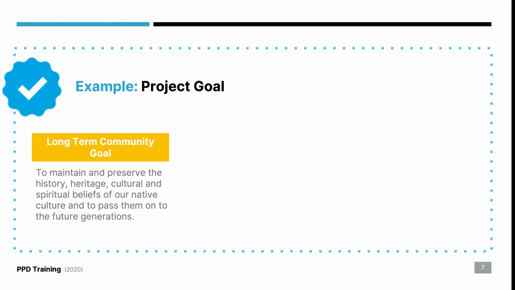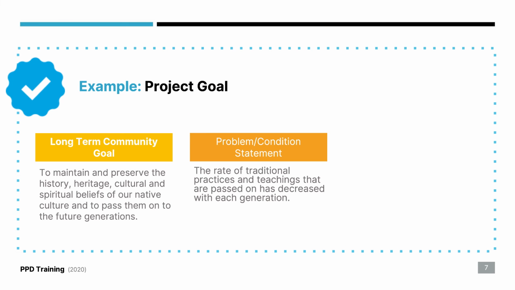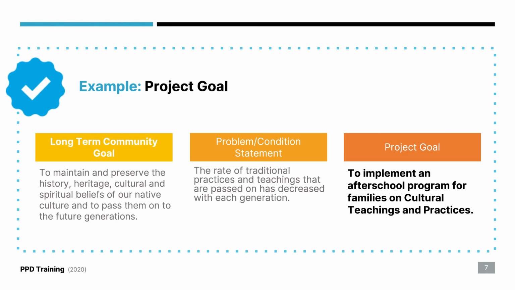And the identified problem statement was the rate of traditional practices and teachings that are passed on has decreased with each generation. You can develop a project goal that addresses that condition statement and brings you one step closer to achieving the long-term community goal by implementing an after-school program for families on cultural teachings and practices, right?